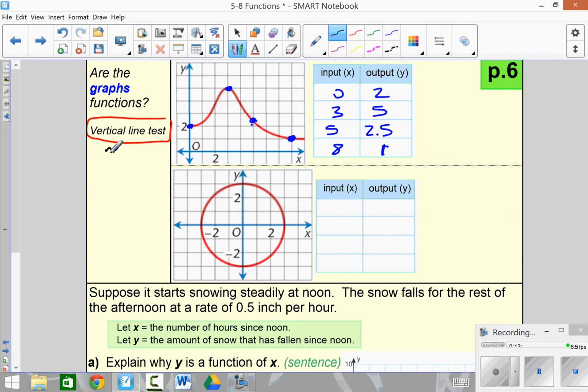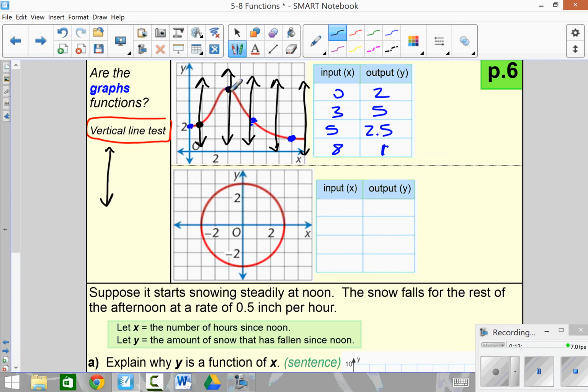Now keep in mind a vertical line is straight up and down. Anywhere I draw a vertical line along this graph, it always passes through just one time. So this vertical line, the graph only passes through that point.